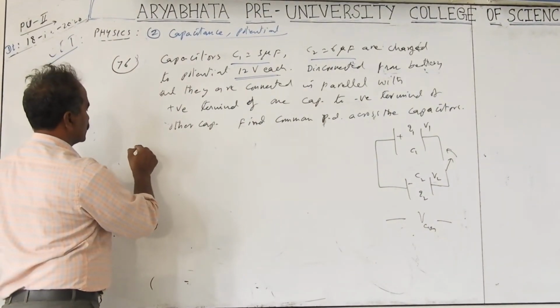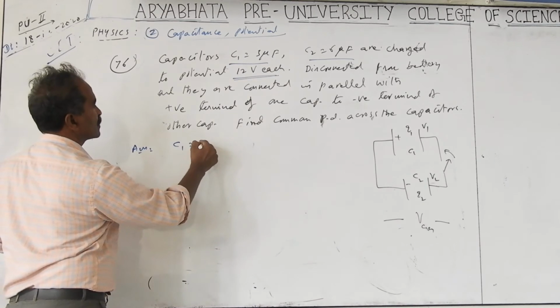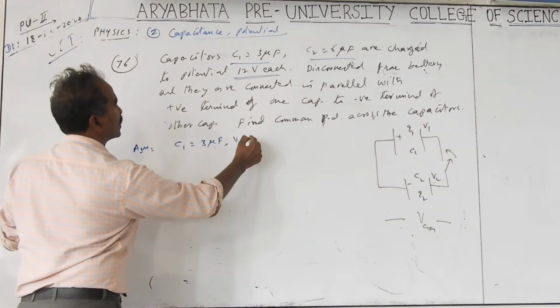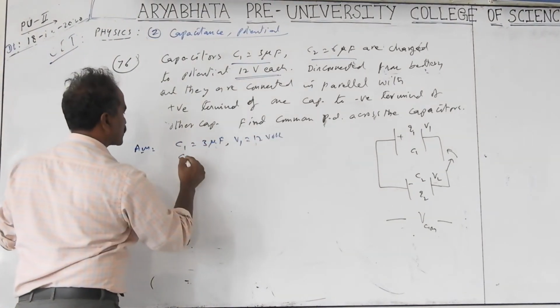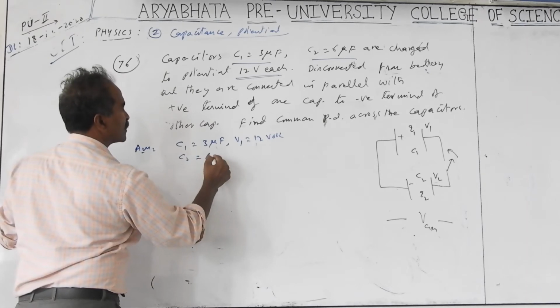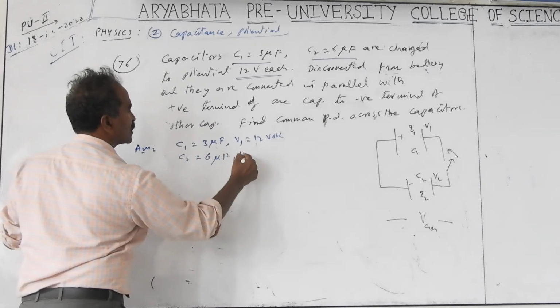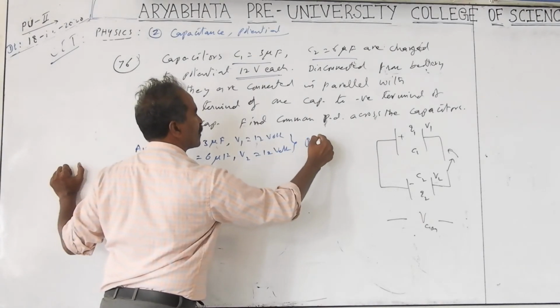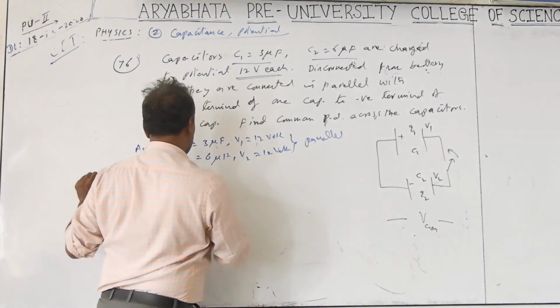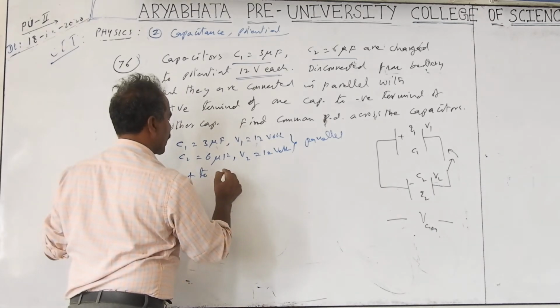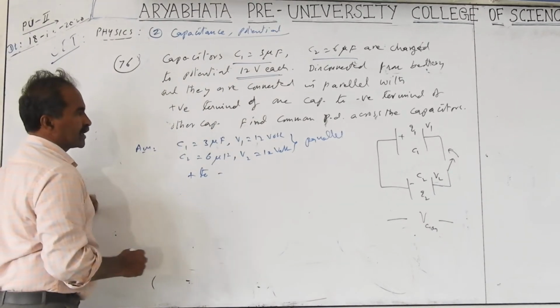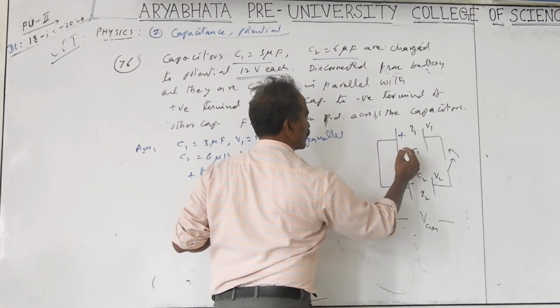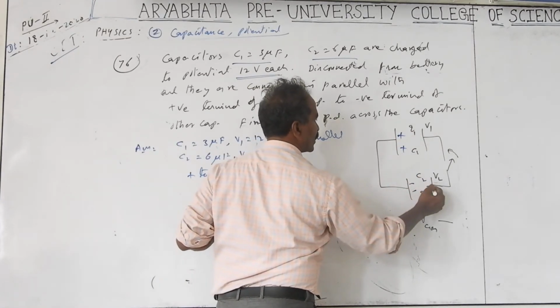In this case, C1 is 3 microfarads, the voltage is 12 volts. C2 is 6 microfarads, the voltage is 12 volts. They are connected in parallel, plus to minus, the plus of one to the minus of the other.